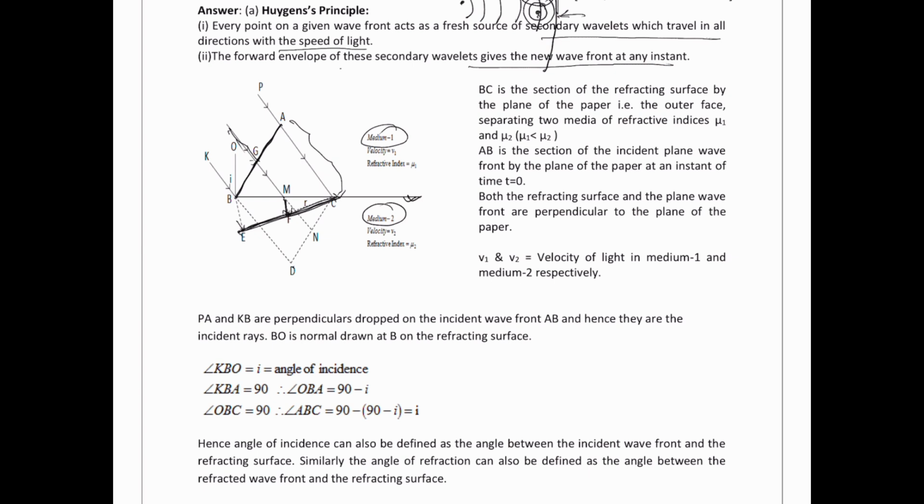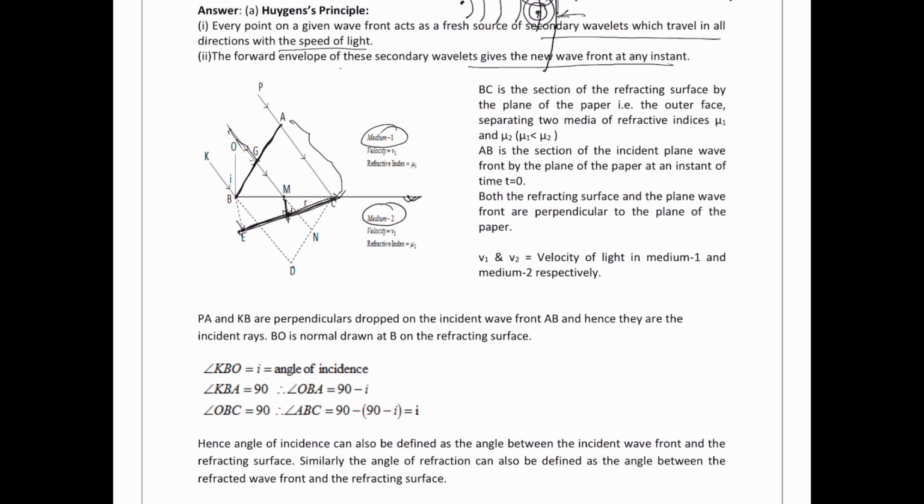Now to show that C is my refracted wavefront, we have to show that in the same time from B to E, light from the incident wavefront at G has reached and touched the surface CE. So GM to MF.